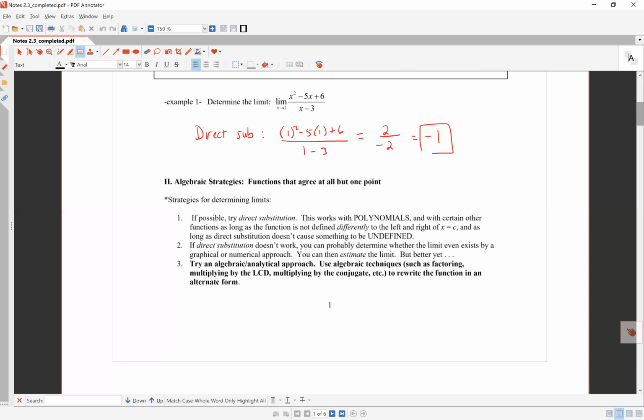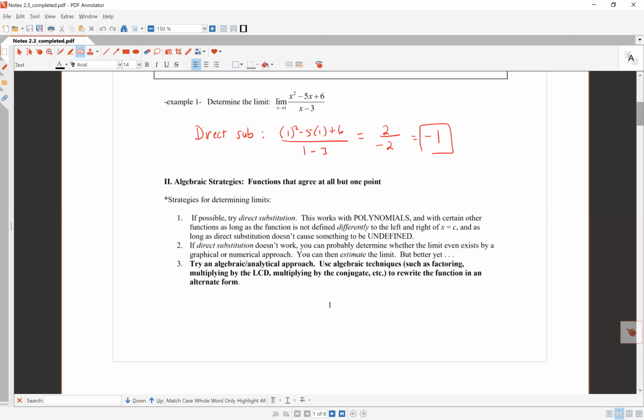Or even if the limit is a rational number, the function may change really fast, so you have to get very close to the number you're taking the limit to, and maybe you're not evaluating numbers that close. So a graph or a numerical approach can give us an idea, but it's not the best way to do it. It's not the most satisfying way of evaluating a limit.